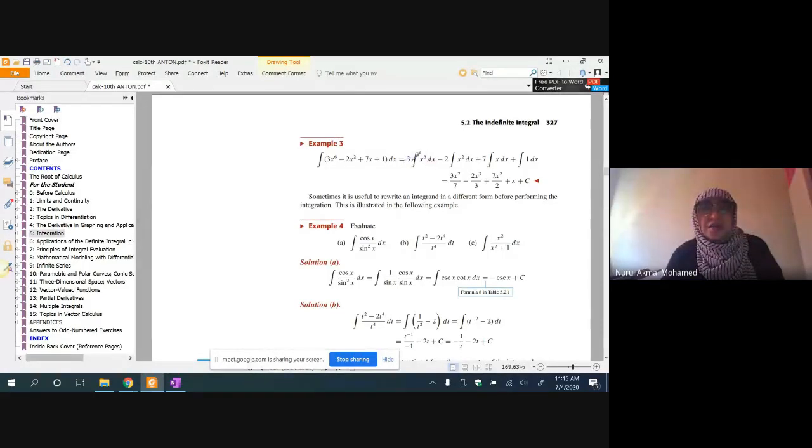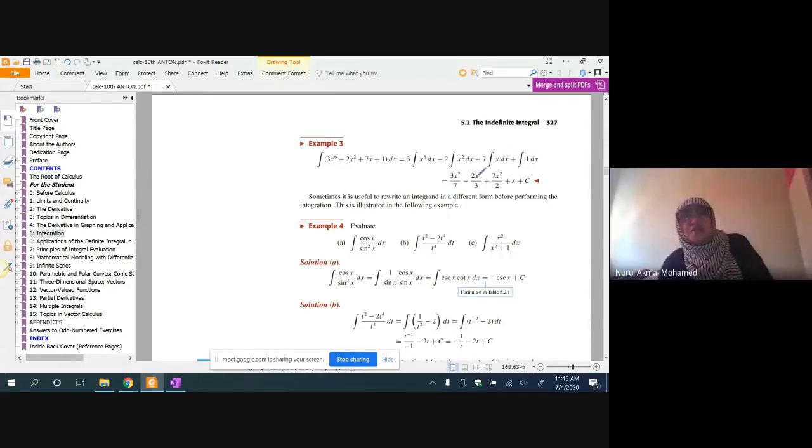So 3 multiplied with the integration of x to the power of 6, minus 2, because it is a constant, you can take out from the integration sign, x squared. And then you segregate again for this part here, 7x, and then plus 1, plus integration of 1 dx.